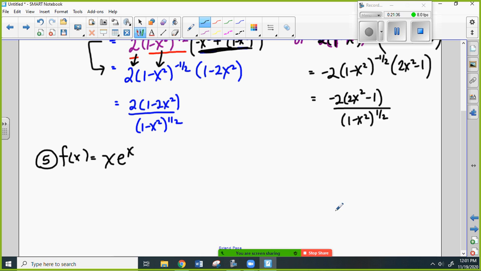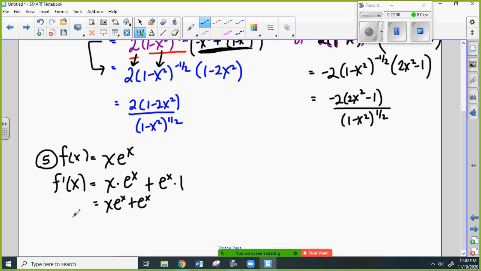Okay? So the product rule says first times derivative of the second, which happens to be itself, plus second times derivative of the first. All right, and then you can clean that up because you don't need to write times 1.